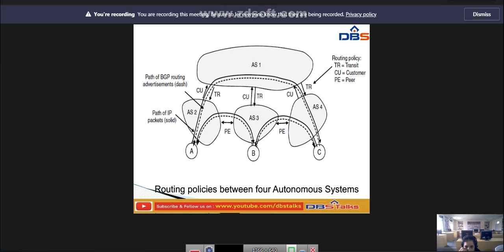See this line from A, it moves from the upper side: the customer moves the data packets to A1, and again it transmits to node C, then moves to B, and again moves to A.